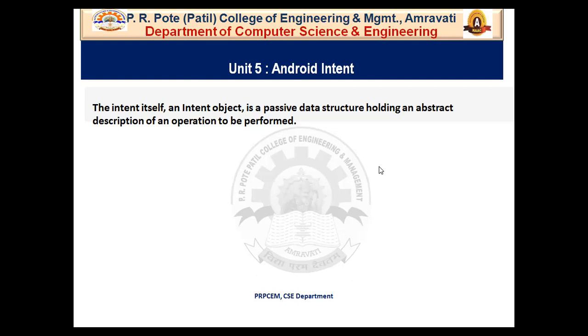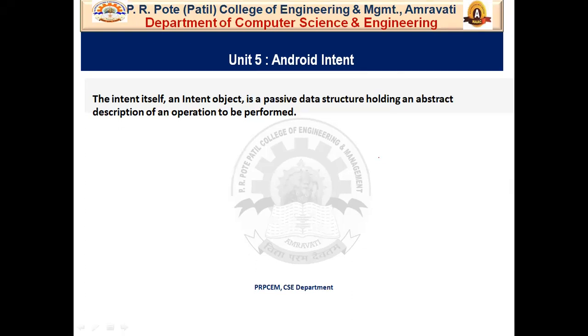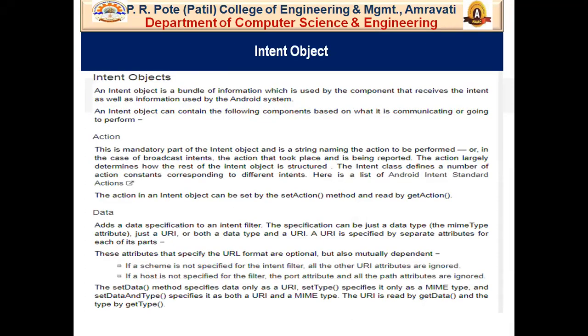So there are many ways in which we can have this communication between apps or between some other apps. So let's see. Basically, there are two main types of intent. But before that, we will understand what is an intent object.